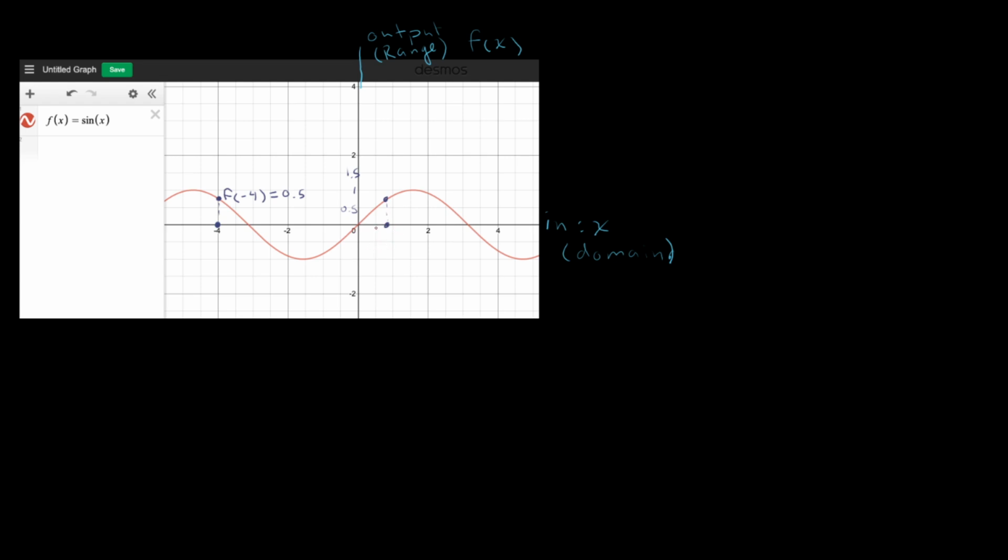Here's 0.5, here's 1, here's 1.5, and here's 2. So yeah, about 0.75. So we would also say that f of 0.75 is also equal to 0.75.